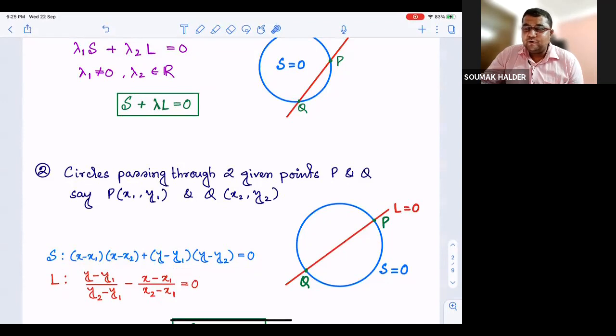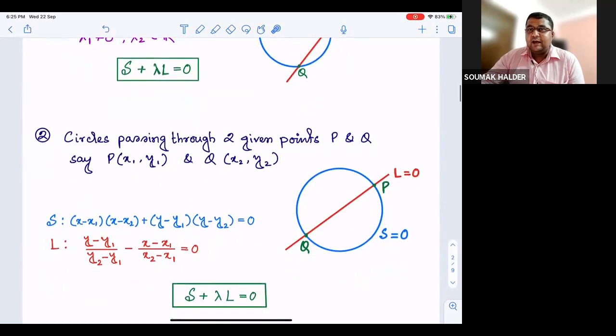And as soon as we have formed these two equations, the description can be readdressed as searching for those circles which pass through the common points of this S is equal to 0 circle and this L is equal to 0 line. And hence, again, we can have the format of representation S plus lambda L is equal to 0.